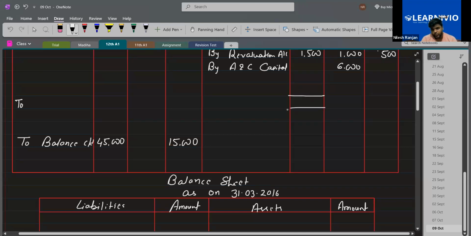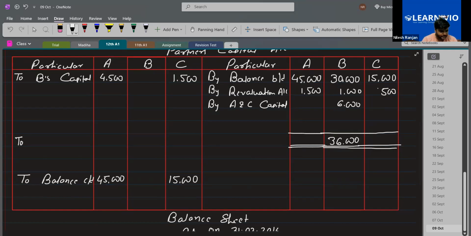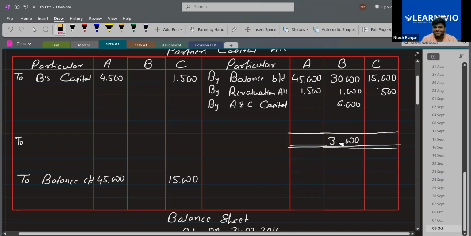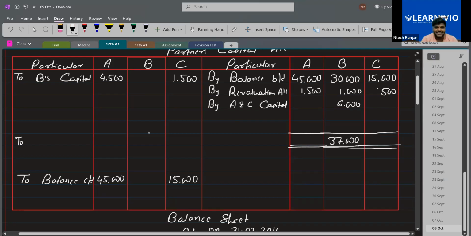Before that, we have to do one more thing here. We have to calculate amount payable to B. Amount payable to B is 37,000, sorry, I was thinking how you wrote 36,000 there. Actually, sometimes I make these kinds of mistakes and they are repetitive.